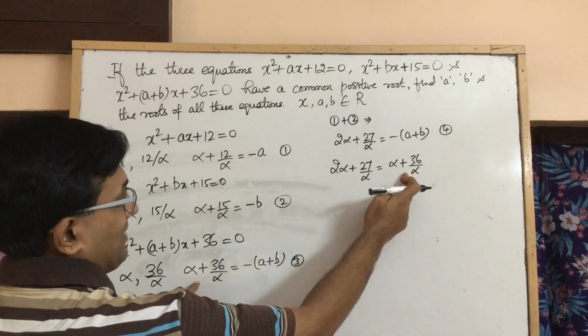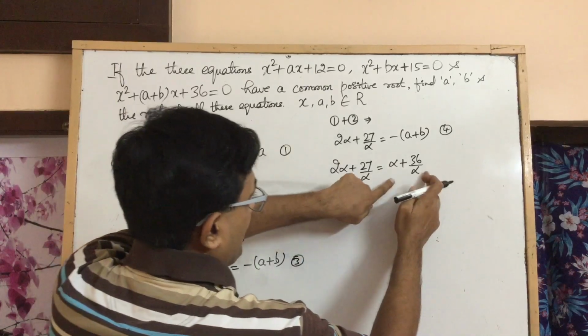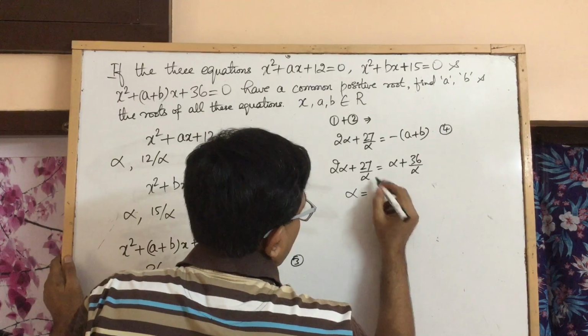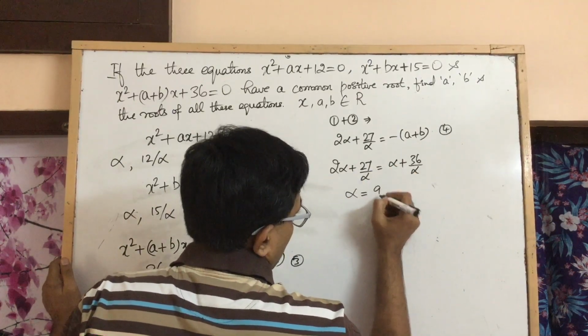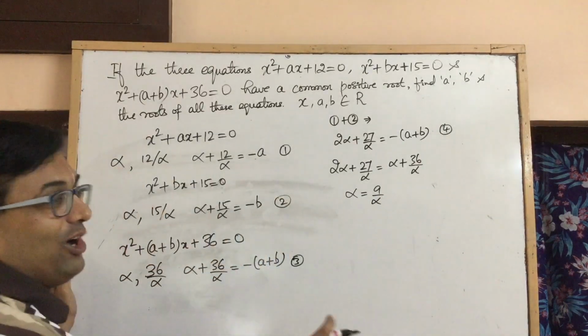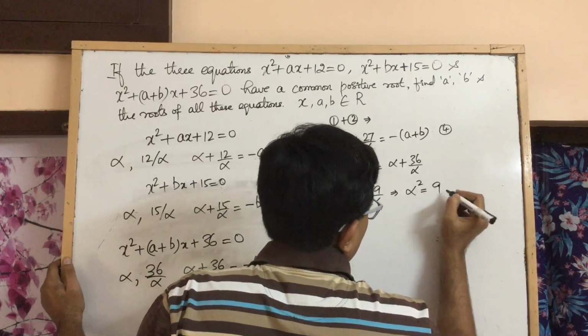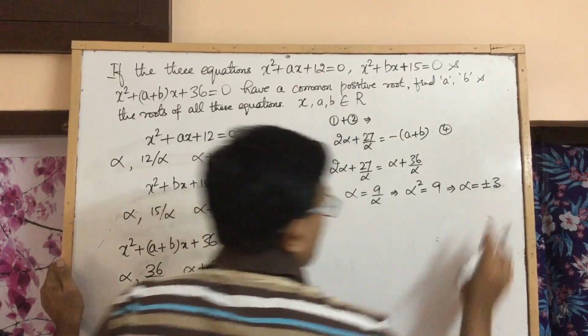This is the left hand side of equation 4, and this is the left hand side of equation 3. Right? So we bring this alpha here. So alpha should be equal to, we take that to the other side, 36 minus 27 is 9 divided by alpha. Or alpha squared is equal to 9, which means alpha is plus or minus 3.